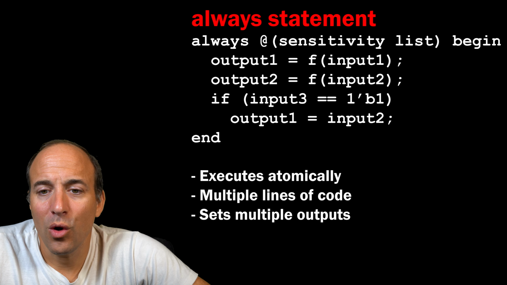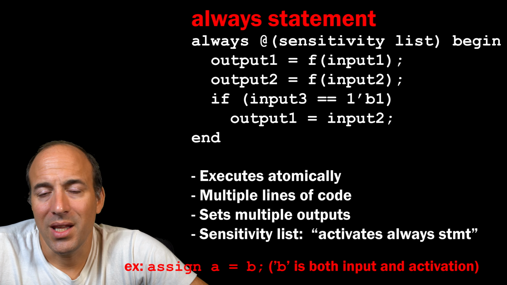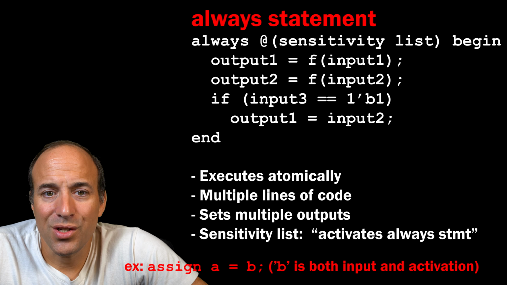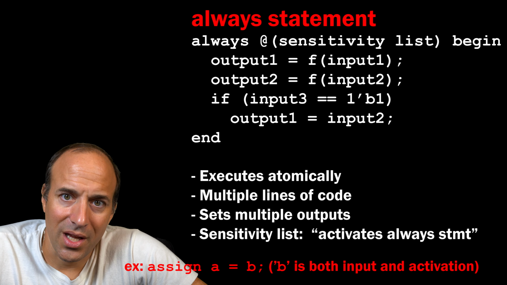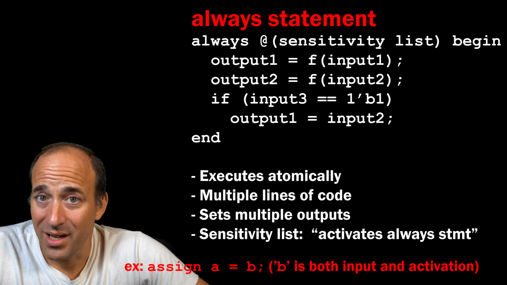The third is that an always statement decouples the notion of its input signals from that of its activation signals. In other words, in an assign statement, all the signals listed on the right-hand side are both inputs, in that they determine the value of the output, as well as activation signals, meaning that their state change triggers the assign statement to update its output.